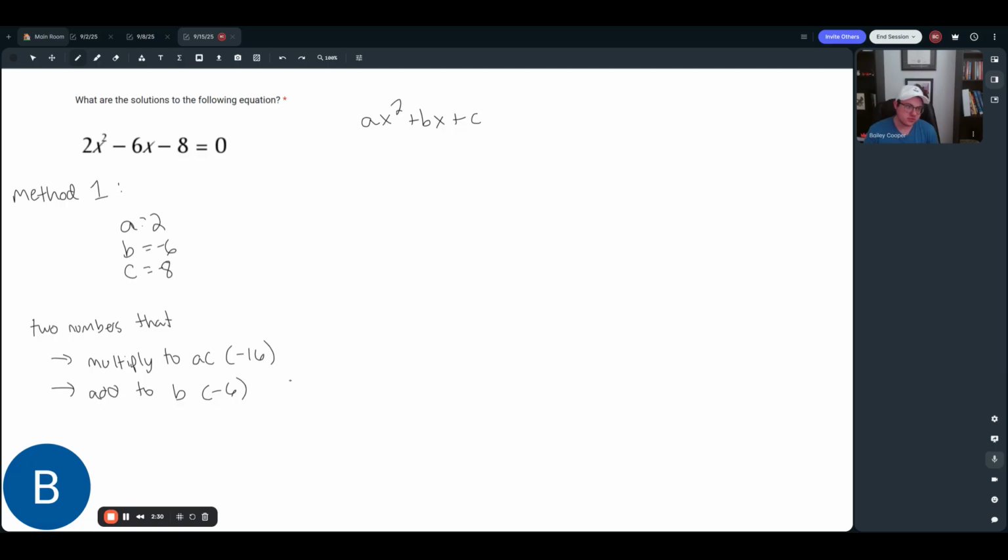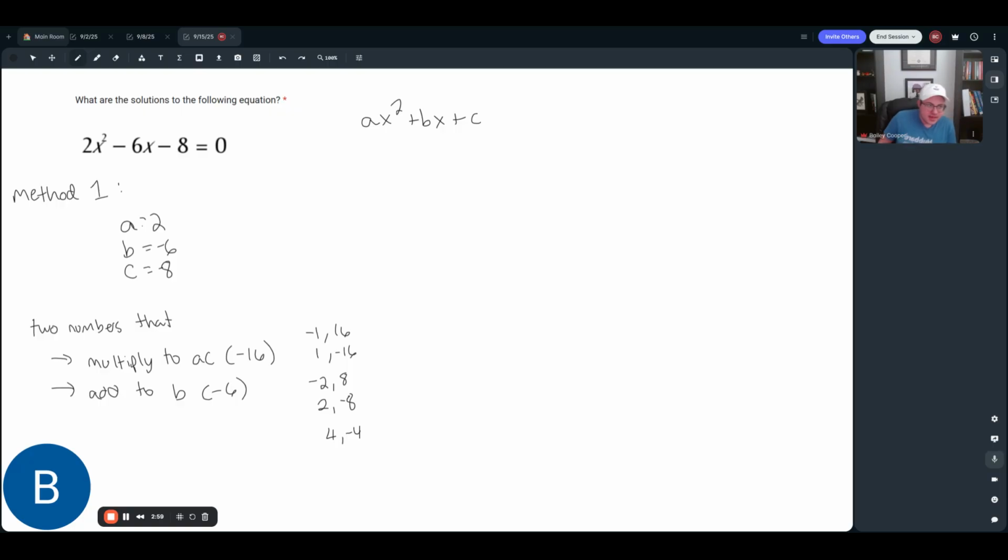So the easiest way to do this is to think about factor pairs. What are some things that could multiply to -16? 1 and 16, like -1, +16, or +1, -16. Those are options. We got 2s and 8s. We got 4 and 4. And I think that's it.